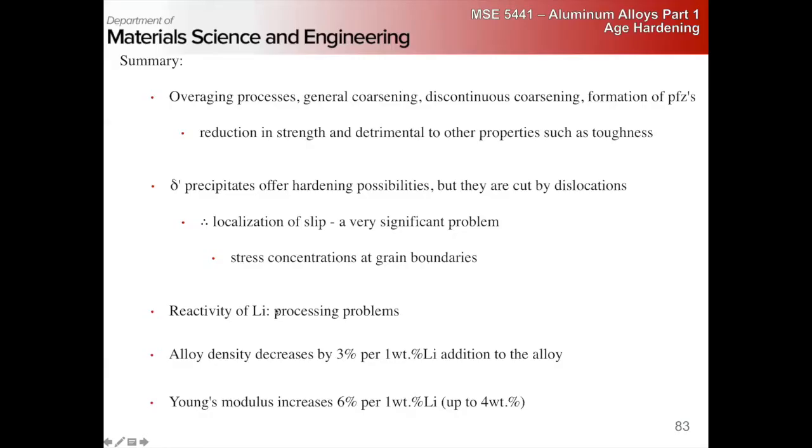We have a precipitate that's cut by a dislocation, then another dislocation follows behind it, because we have sources that lie on the same slip plane. And so this becomes a significant problem and can lead to softening and give us stress concentrations.